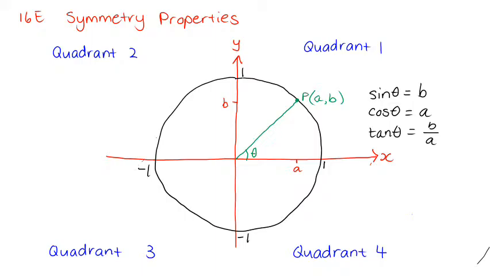Okay, now what happens if I take this point and I go to the other side of the circle in quadrant 2? Right, so this is going to be negative A here, but B stays the same. So it's going to be the point negative A, B. What's this angle in here? It's the same as theta, so it's still theta.